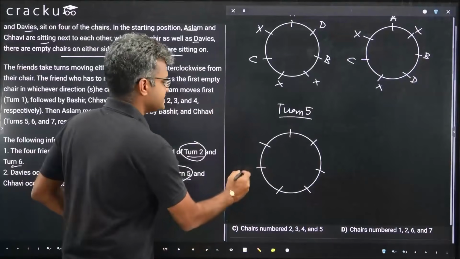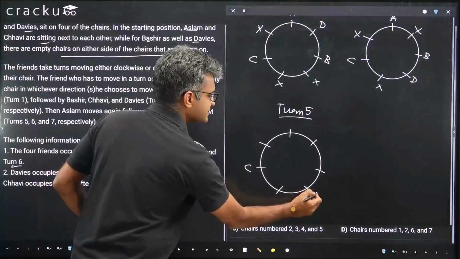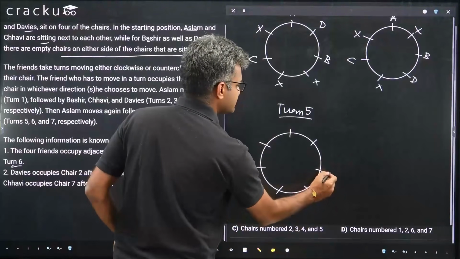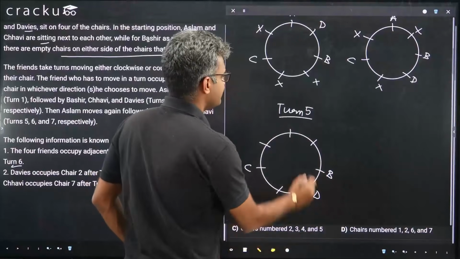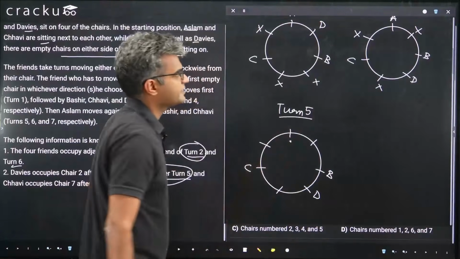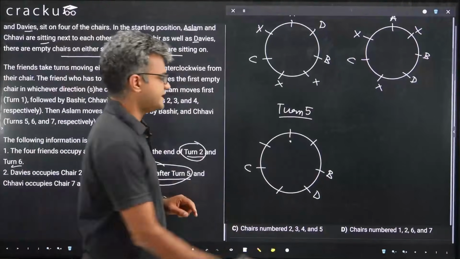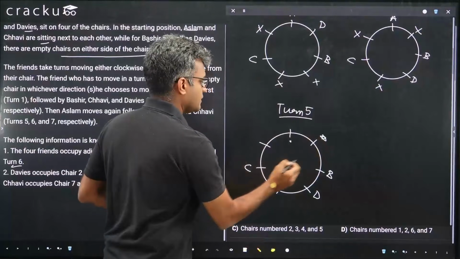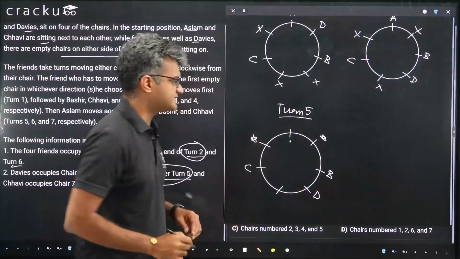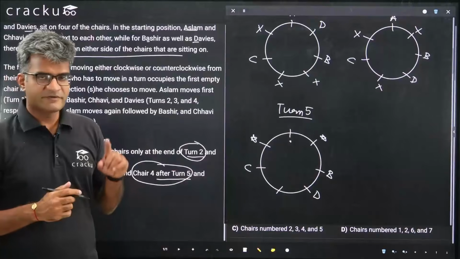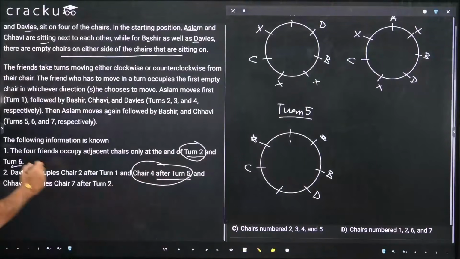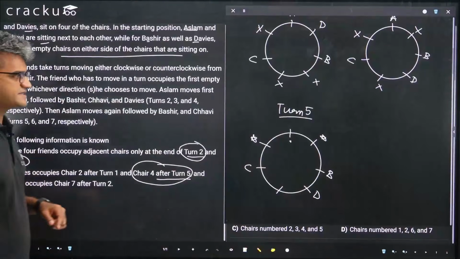So this will be where C is, this will be where D is, and this will be where B is. A was over here. From here, he has two possibilities. He can either go over here or over here. One of these two places A is going to go. But we do know again that all the friends sit together after turn 6.